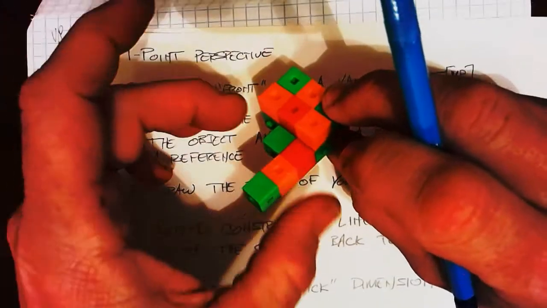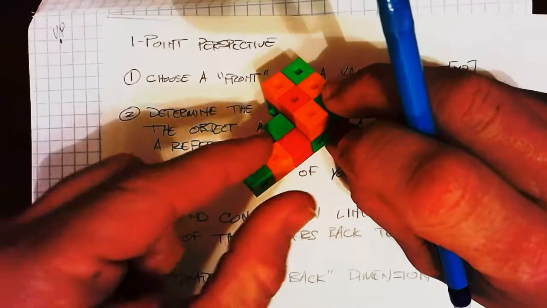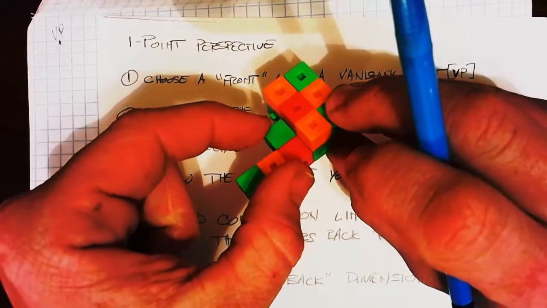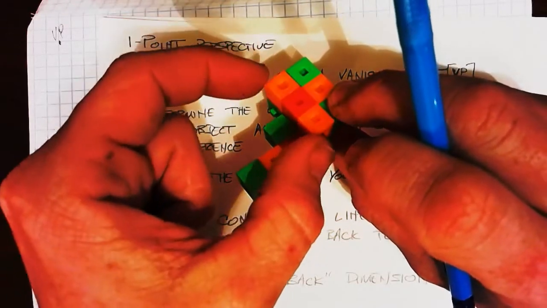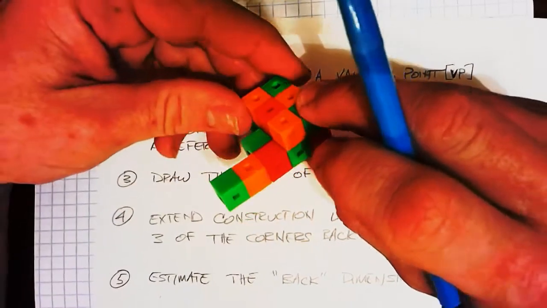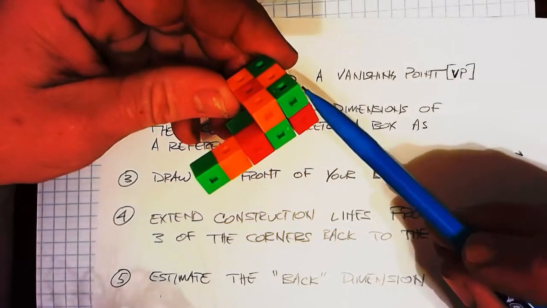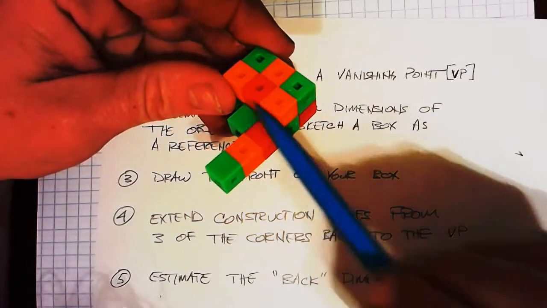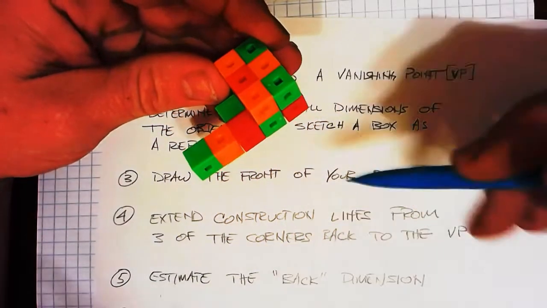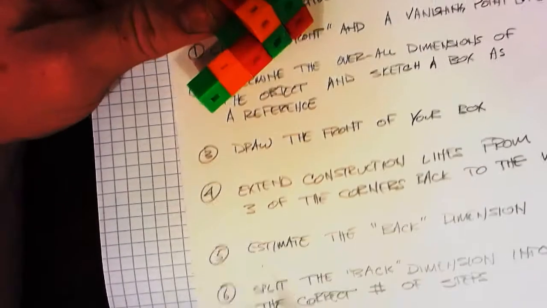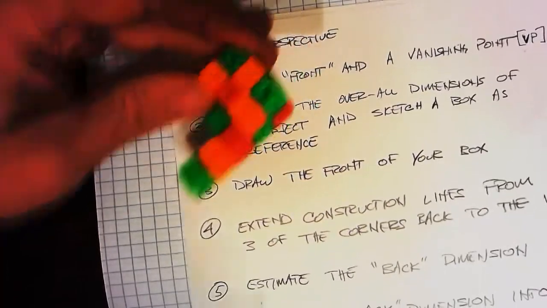So at its farthest point. I'm not worried about this part right here, which is only 2, or this part, which is 1. I want the biggest dimension in each one of the directions. So this is 5, 2 tall, and 3 back. So a 5 by 2 by 3. What I want you to do is remind yourself of that.